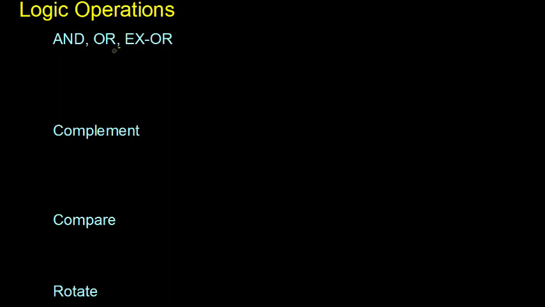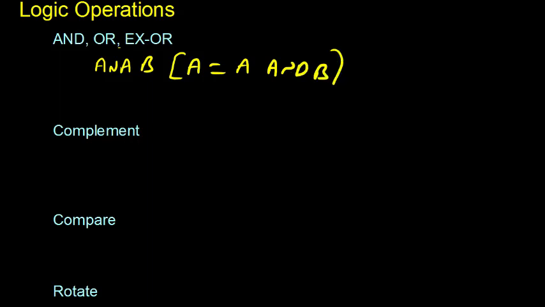It is implicitly assumed that A is one of the registers and the result is also stored in A. For example, if we write ANA B, it means A equals A logically ANDed with B. Similarly we can AND the contents of A with any other register.